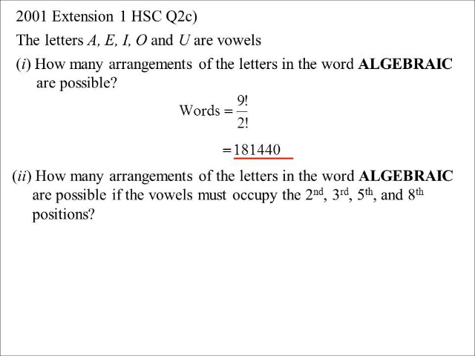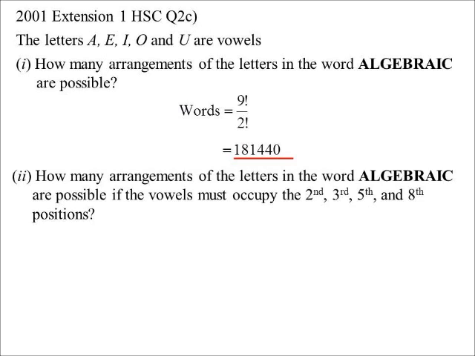How many arrangements are possible if the vowels, hence why they defined what vowels were, must occupy the 2nd, the 3rd, the 5th, and the 8th positions? So the vowels must go into 4 positions, and luckily for us, the word algebraic has 4 vowels. That worked out nice. So we're going to use all of the vowels.